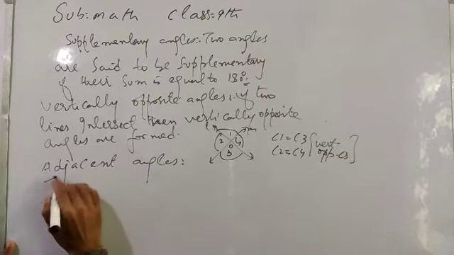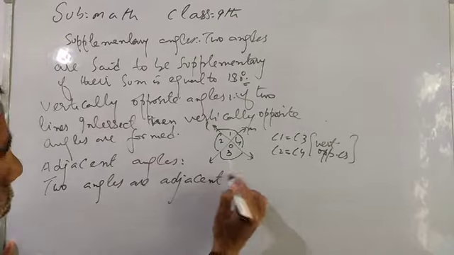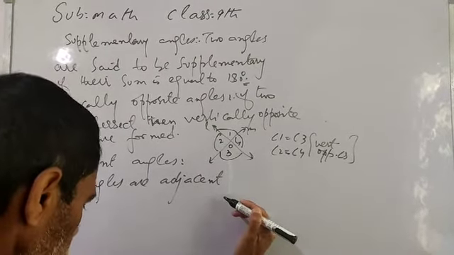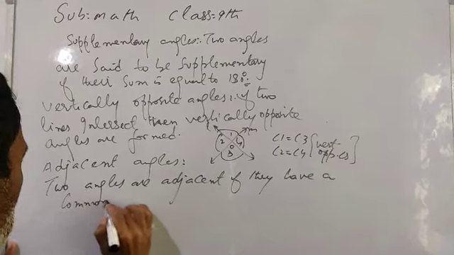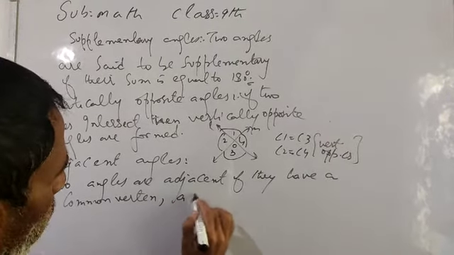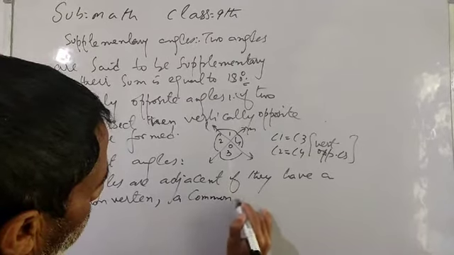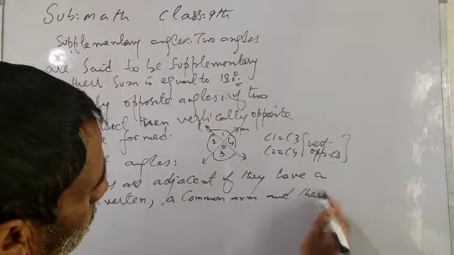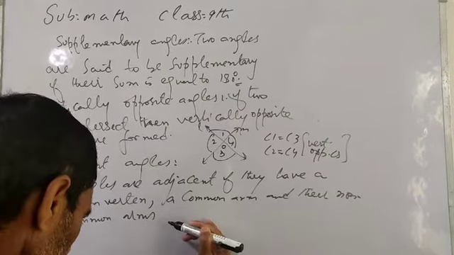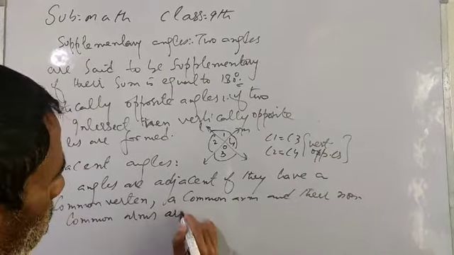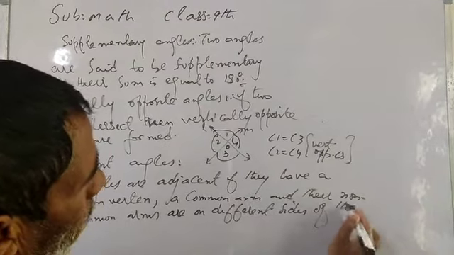Two angles are adjacent if they have a common vertex, a common arm, and their non-common arms are on different sides of the common arm.